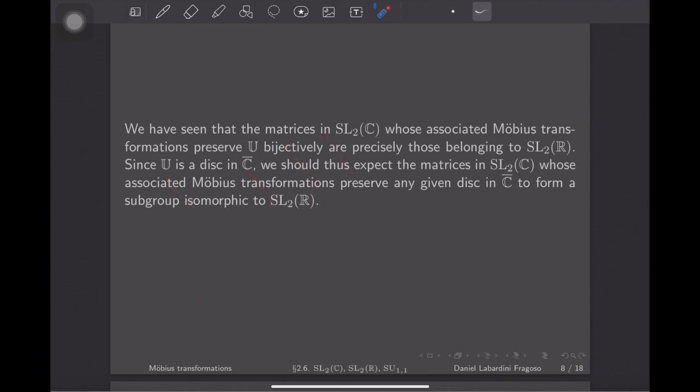But then this means that, since this choice is arbitrary, then the second choice is arbitrary, and then the third choice is arbitrary, as long as in the end I have this. For sure, there are going to be many Möbius transformations sending U bijectively to the unit disk.